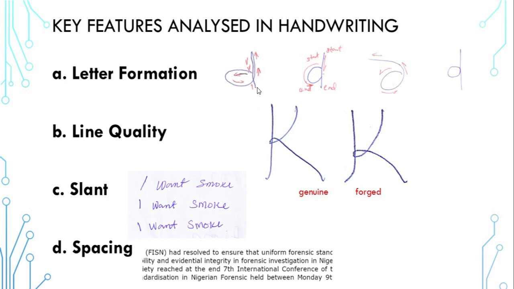Now we have the same thing with other letters, and these are unique to an individual because by the time they do it several times, it becomes part and parcel of them. It becomes a habit that they can't change again. The way they write moves to their subconsciousness, so that even when they don't need to think on it, they write the way they write.